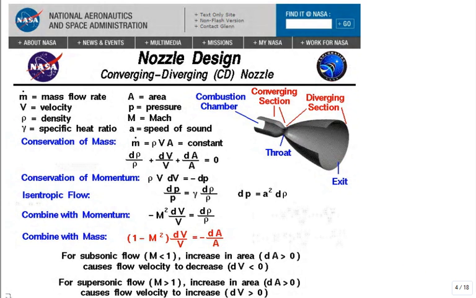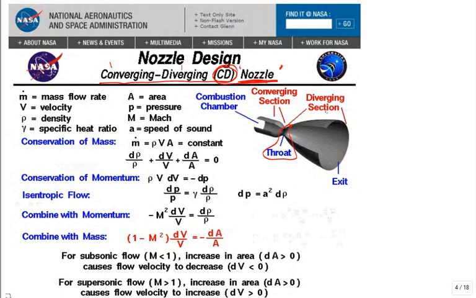Well, you can go to the NASA website. You can see all sorts of equations where they do the same thing that we've done. So you have a converging, diverging, a CD, nozzle. Notice the nozzle applies for both the converging section and the diverging section, meaning that at the throat it has become sonic flow.